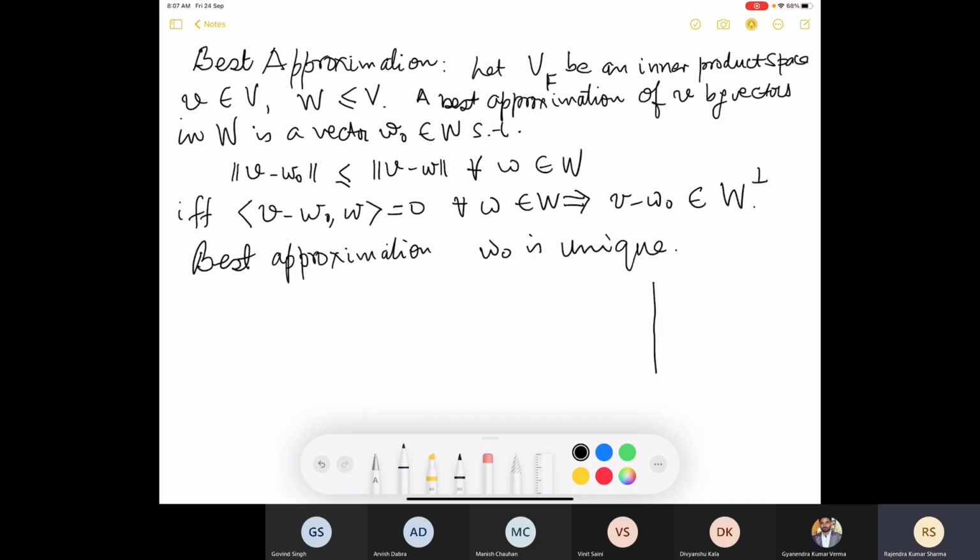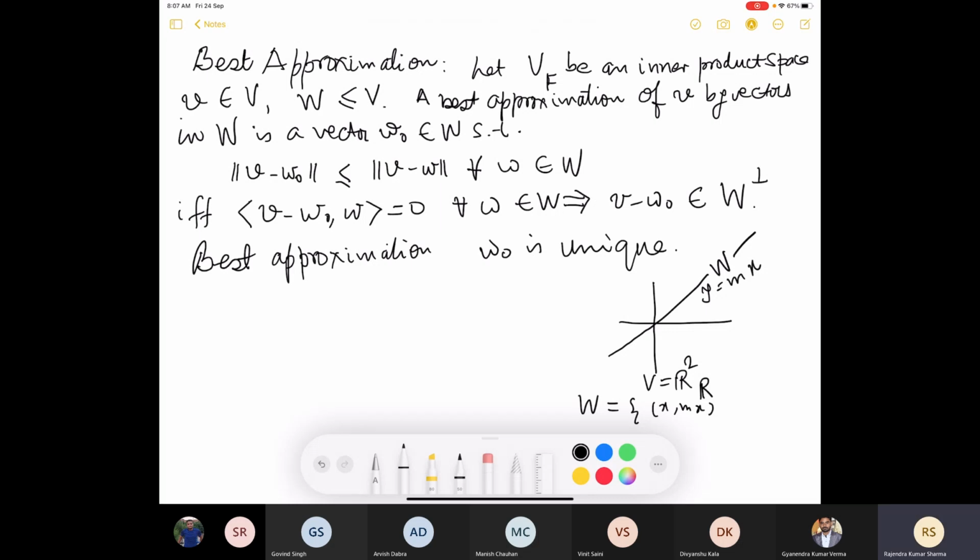So what you can see is that if you are having the case of, say, R2, suppose V is R2 over R, and you have one subspace W, which is the line y is equal to mx. So W is x and correspondingly mx, that is (x, mx).